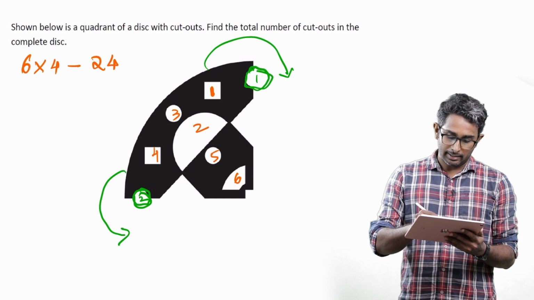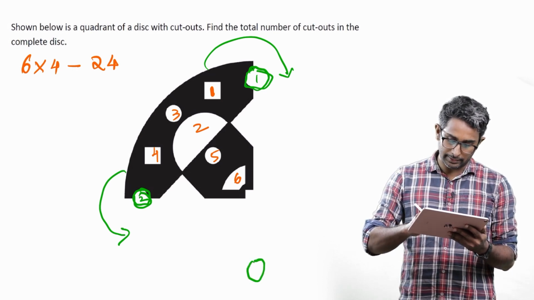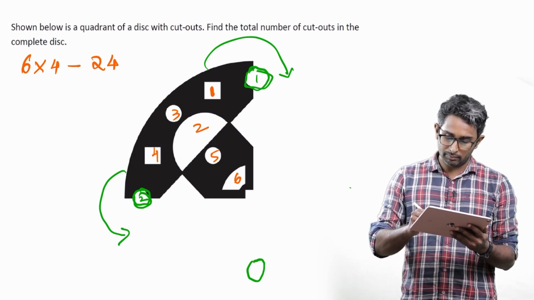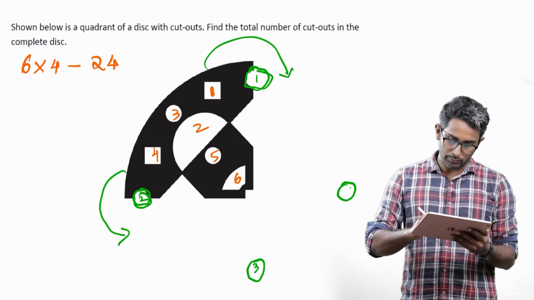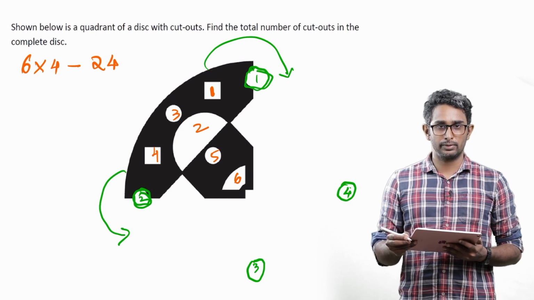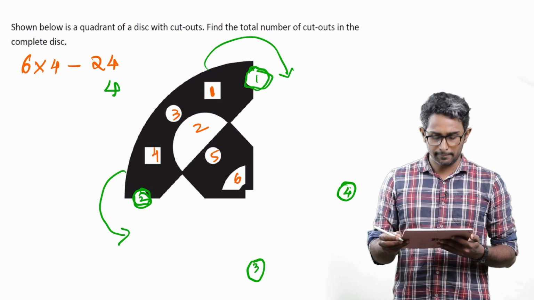Directly opposite to number 1, we will have one more circle here, and directly opposite to number 2, there will be one more circle here. So there are 1, 2, 3, 4 common circles for this pattern. So 4 circles are there.